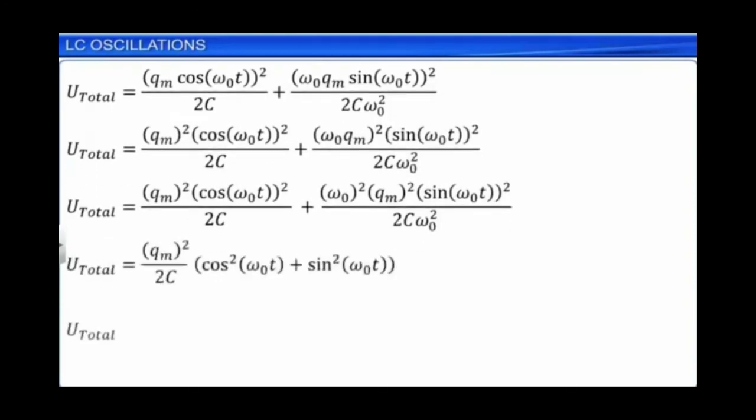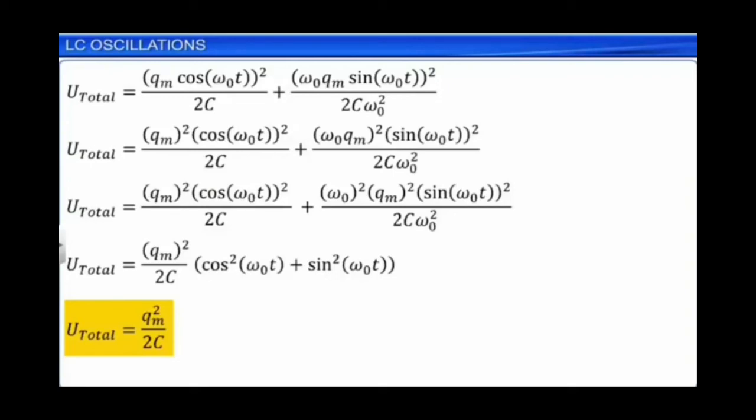There we substituted for L. Then again doing the substitutions and simplifications, we have the total energy equal to qm square by 2C into cos square omega 0 t plus sin square omega 0 t, which is the same as qm square by 2C. That means the total energy stored in the system is qm square by 2C.